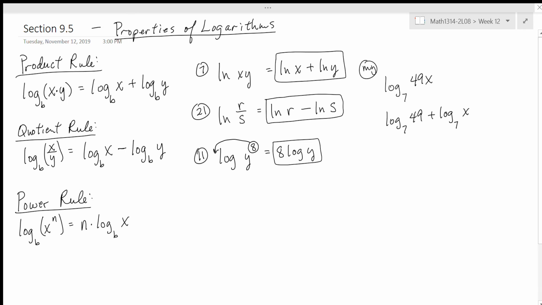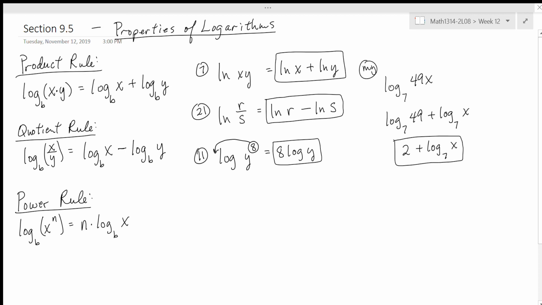Because does log base 7 of 49 simplify? What does it calculate to be? What is log base 7 of 49? Is it 2?